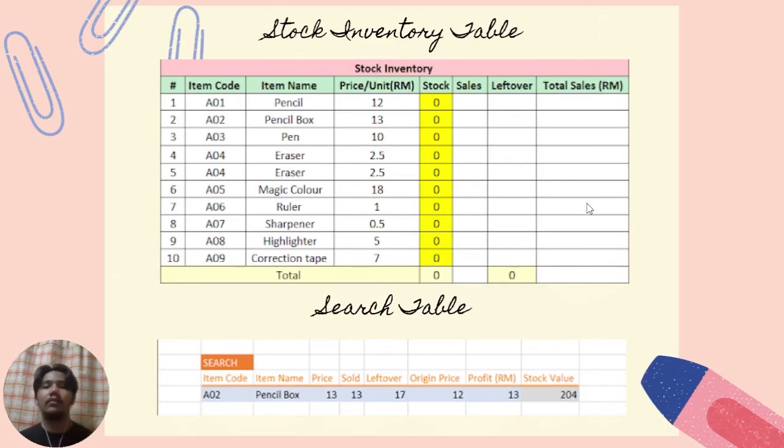This stock table will display the quantity of stock and sales, quantity of leftover, and the total sales of the item. And last but not least, the search table. This table shows how much profit and stock value is left for each item.